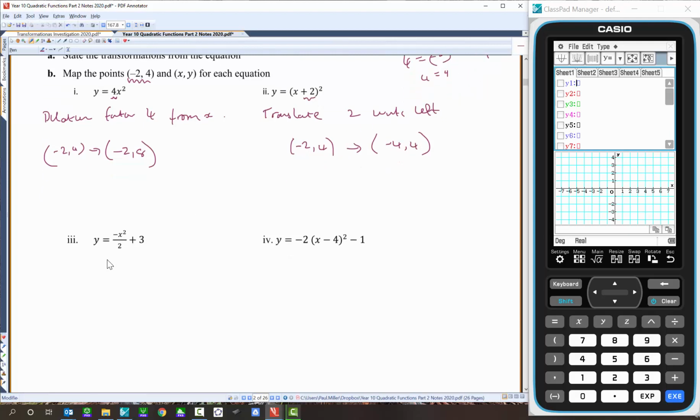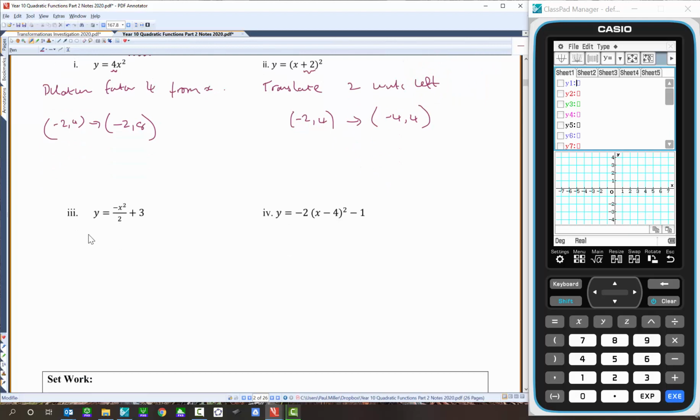Down here, I'm just going to rewrite this as y equals negative a half x squared plus 3. Now we can see that this a value is negative. So we're going to say that this is a reflection in the x-axis. It's a dilation factor half from the x-axis, and it's a translation 3 units up.